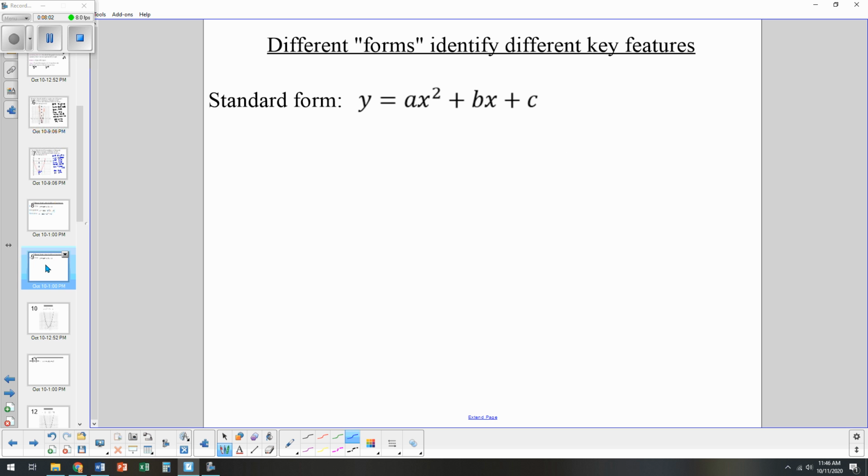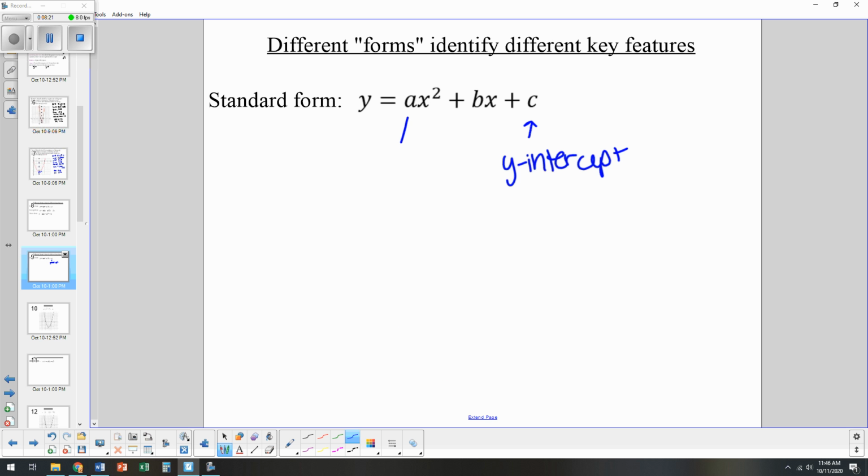The first form here is standard form. And the standard form can tell us two things automatically. The c value is going to be our y-intercept. So we will always be able to tell the starting position from a standard form equation.